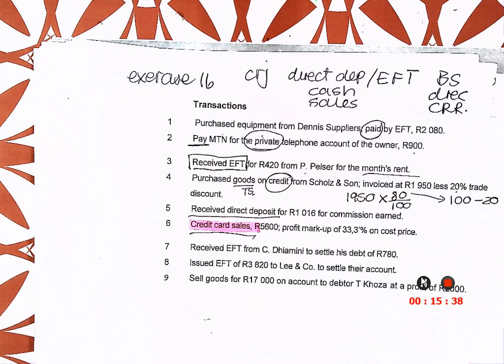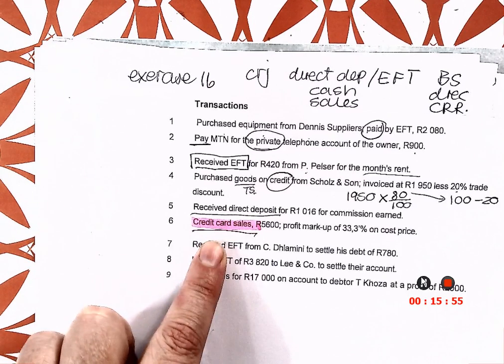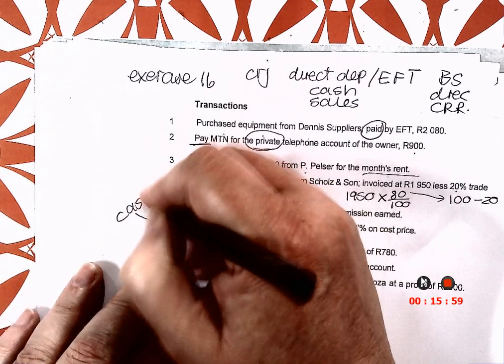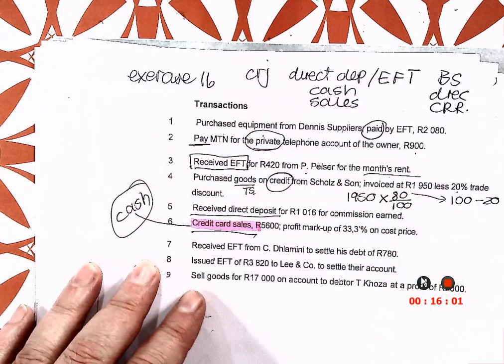When that person pays with a credit card, the bank immediately transfers the money from his account to my account. Can you see it's like a direct deposit? You guys see that? Okay, so it's cash. I want you to please make sure that you understand that this is cash, not credit.